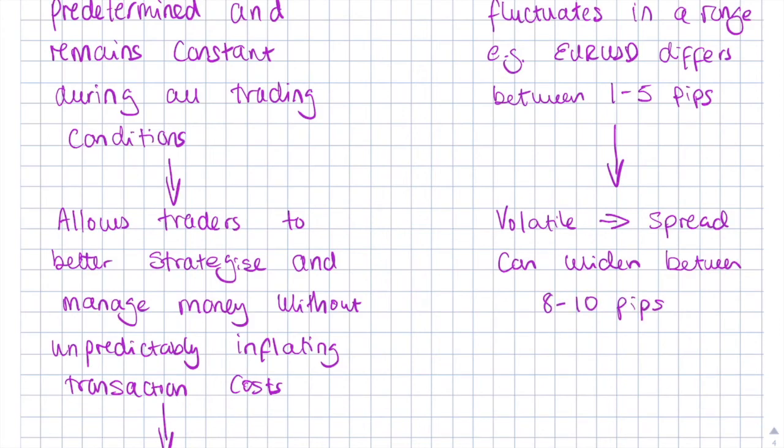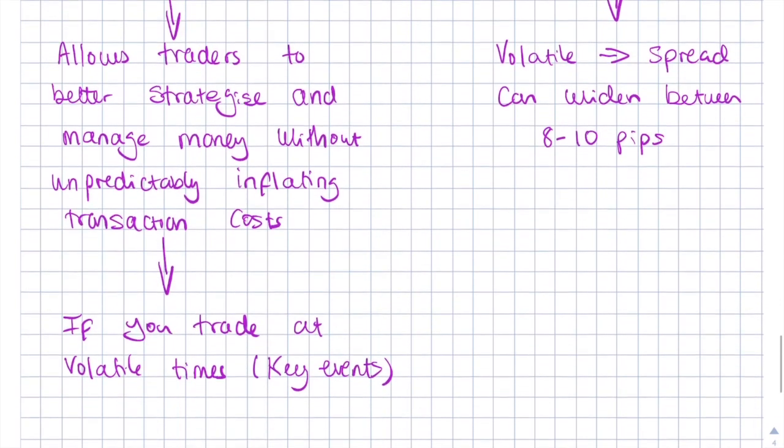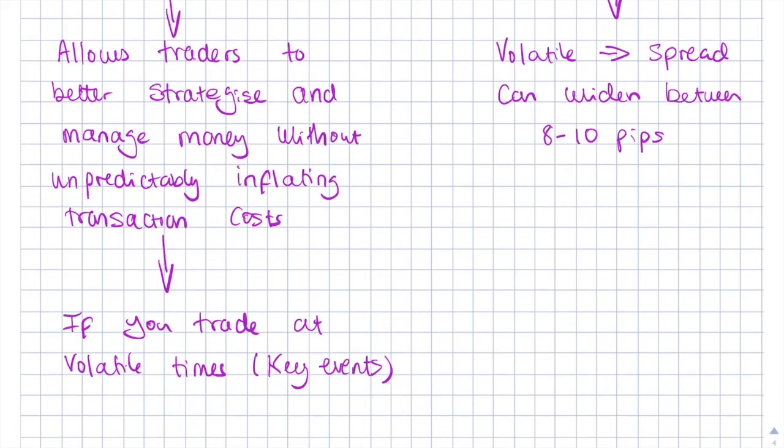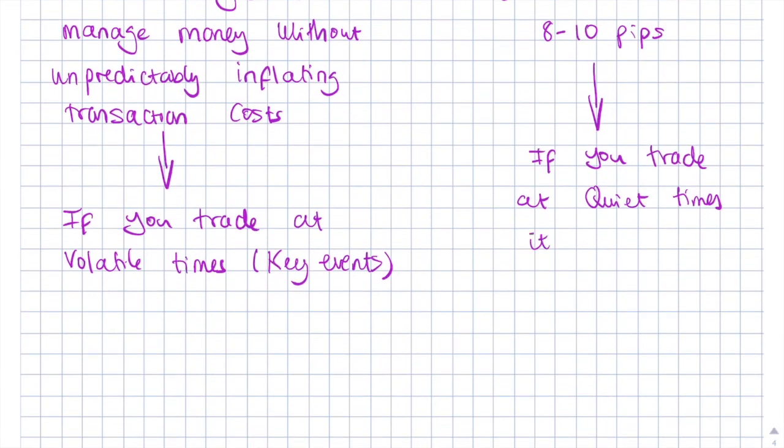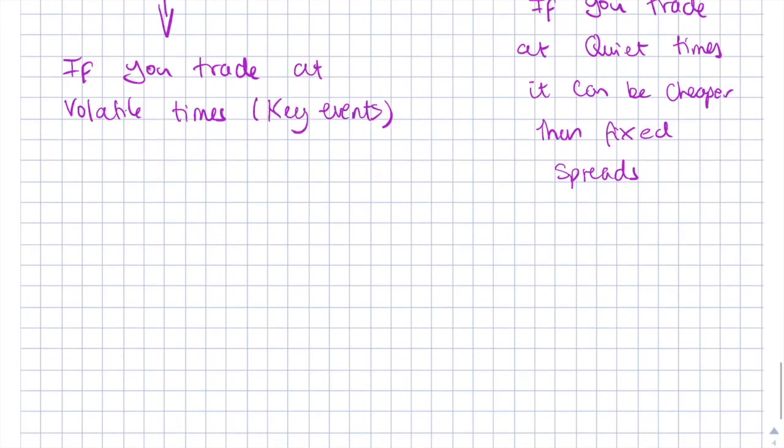And so, who would variable spreads be ideal for? Well, if you trade at quiet times, it can be really cheap, even cheaper than a fixed spread. So let me give an example. Let's say you have a fixed spread for Euro USD, and that fixed spread is 3 pips, which is constant.